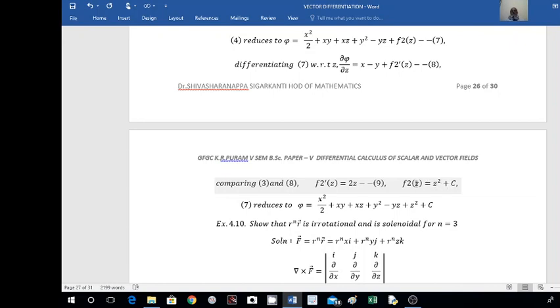Now putting this value of f2 of z in 7, we get pi equal to x square by 2 plus xy plus xz plus y square minus yz plus the f2 of z value, that is z square plus c. So this is the required scalar point function. I will stop here.